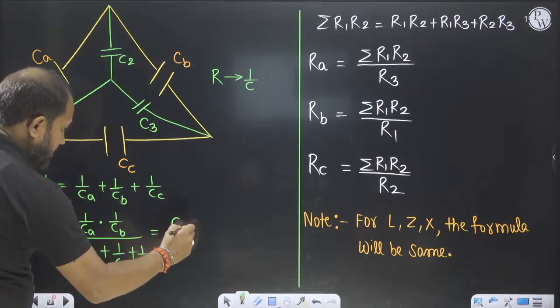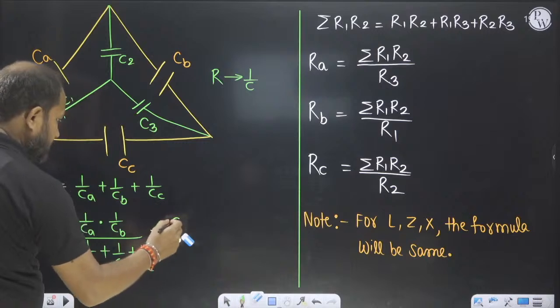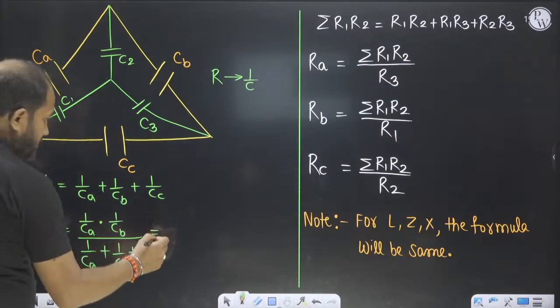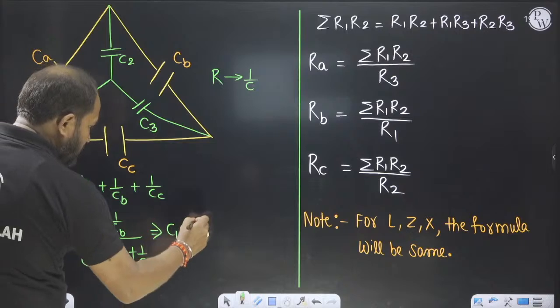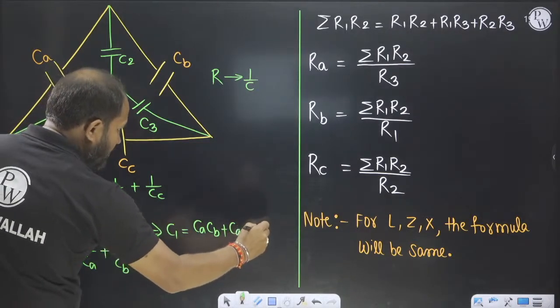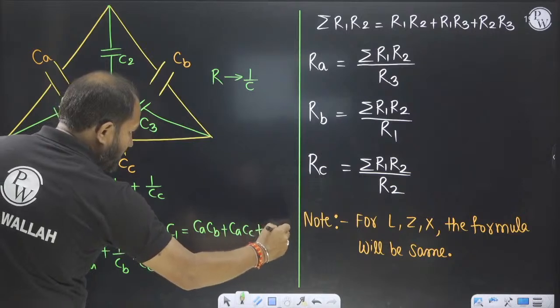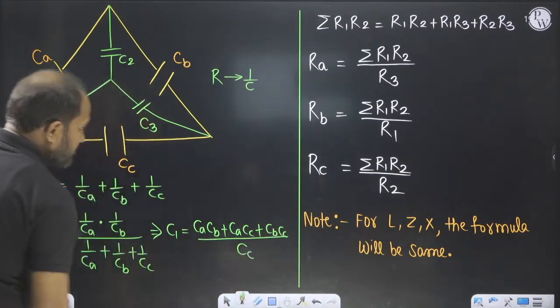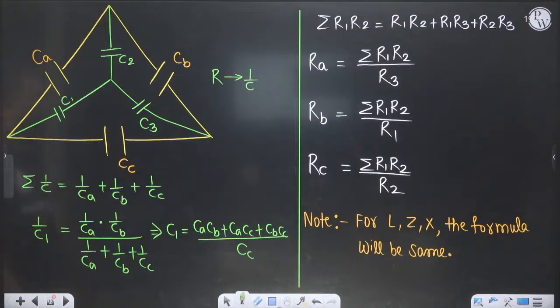So the value will be changed. So what will happen? C1 will be equal to CaCb, CaCc plus CbCa Cc divided by Cc. Yes sir.